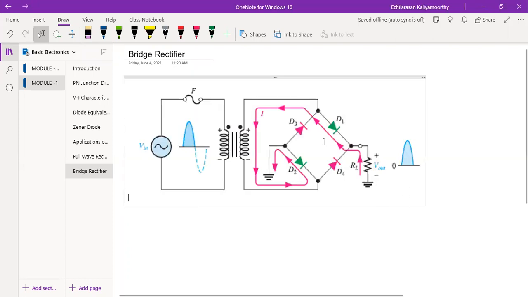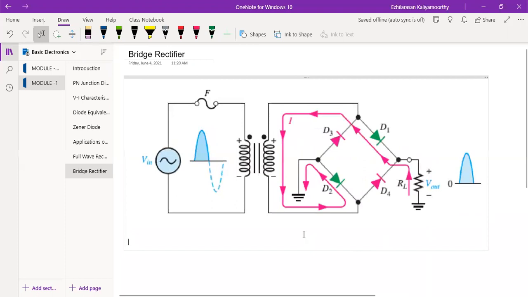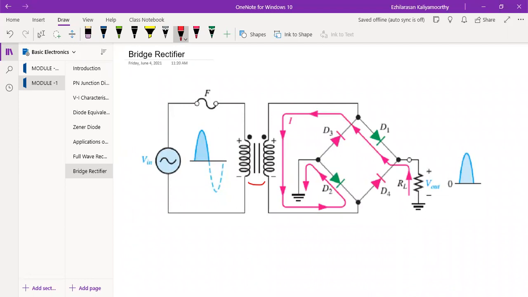This is your bridge rectifier circuit. It consists of 4 diodes with the center tapped transformer here. We used the center tapped transformer, but the center tap is not connected to ground. Normally, the bridge rectifier uses 4 diodes connected as in the figure.